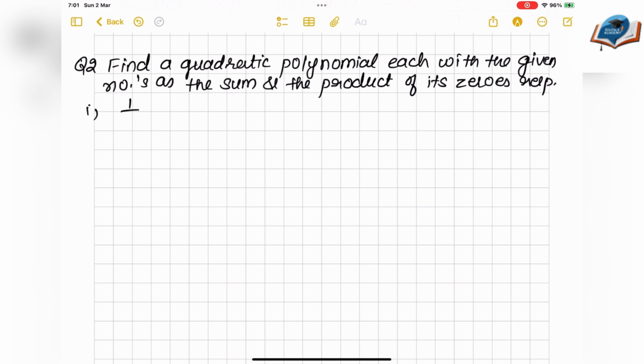So first one is 1 by 4 comma minus 1. So see, sum is 1 by 4, product is minus 1.